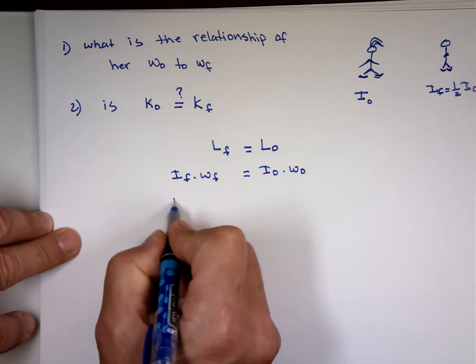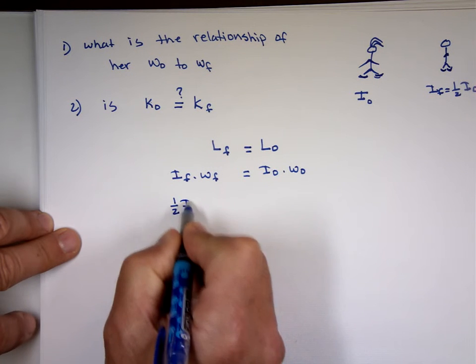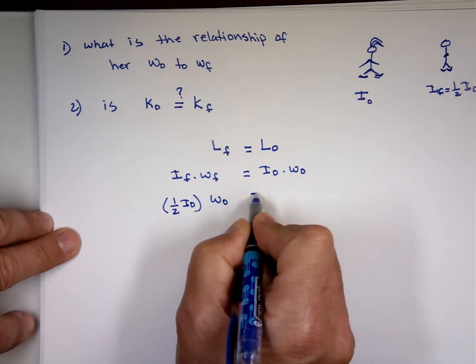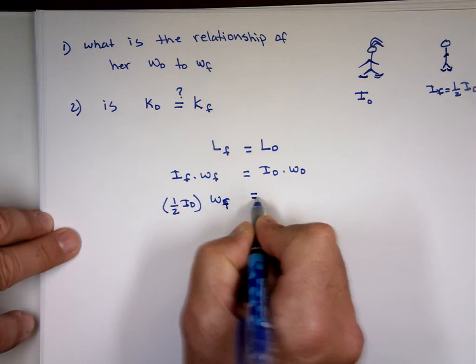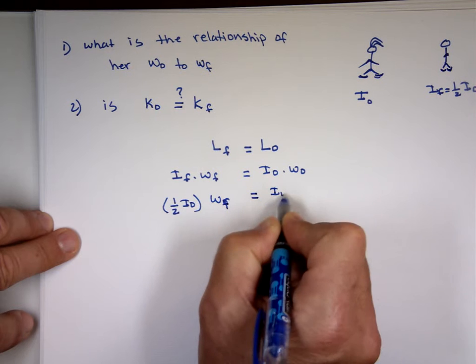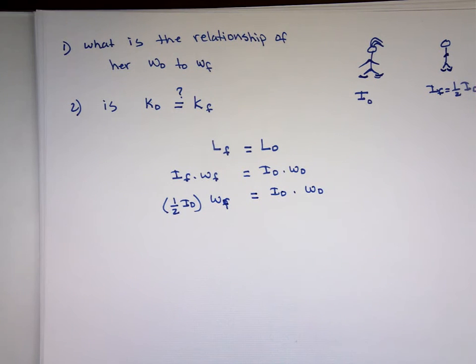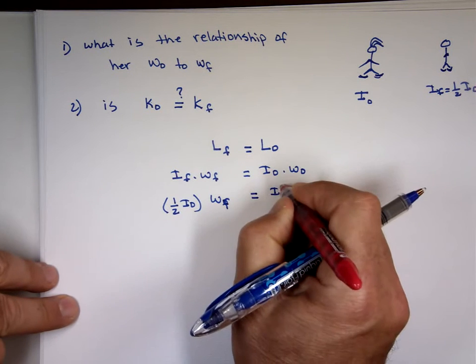So this is 1/2 I sub O times W final equals the initial one times what? W initial. Notice both of these have I sub O in them, so mathematically I can just drop them out.